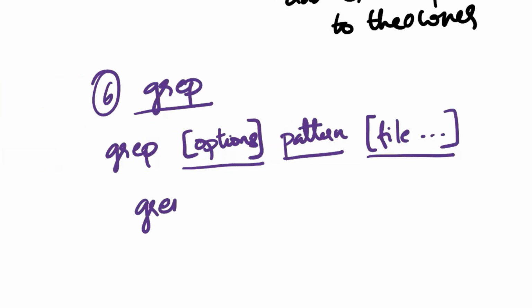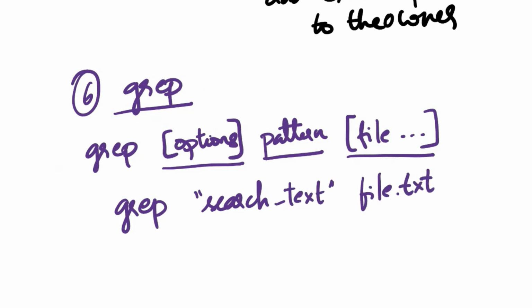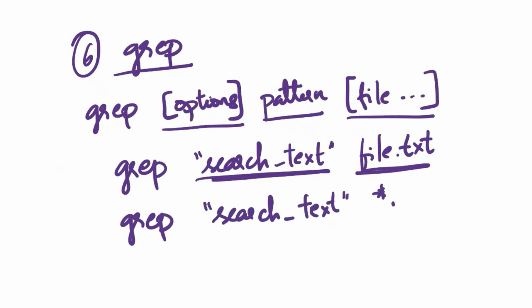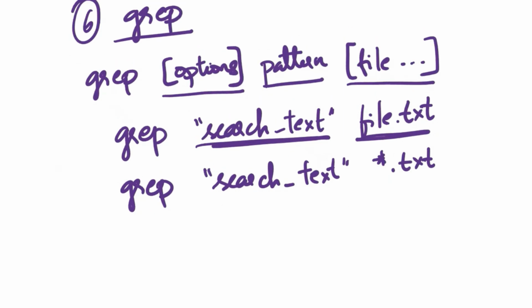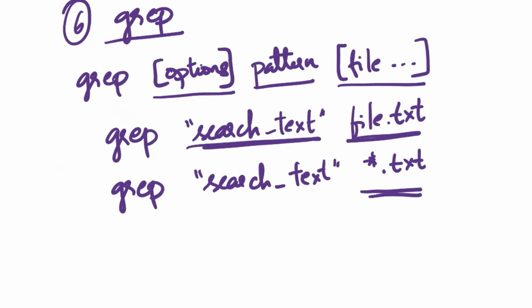So if you write grep search_text file.txt, then this is to search for a specific string, for example search_text, in a single file, that is file.txt. If you want to do it in multiple files, then you can write grep search_text *.txt. This is to search for a string in multiple files. For example, all the .txt files in a directory, you can use this wildcard character star.